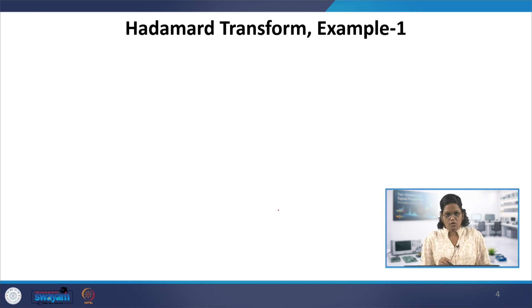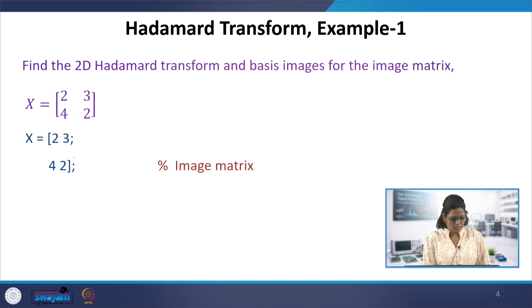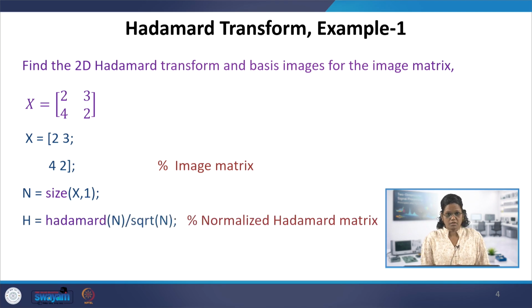Just to recall this and the example we had done with it, x is 2 3 4 2, and for this implementation in the code we write x as 2 3 4 2, fix the size of x, which is n, and then get the Hadamard matrix using the square root of n.